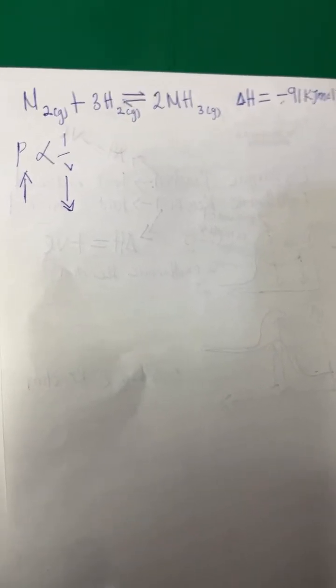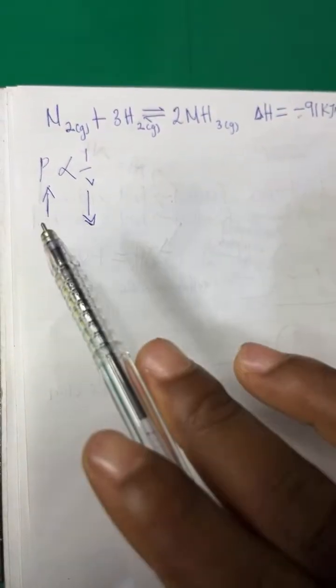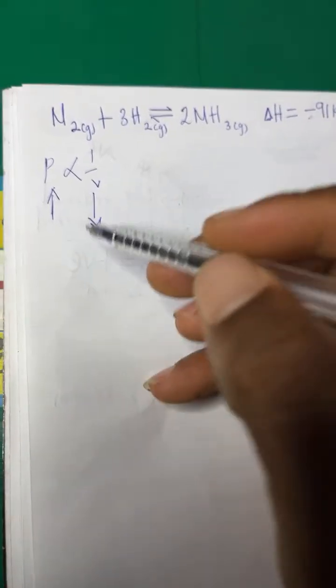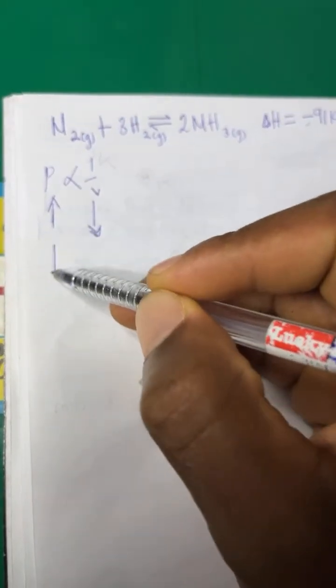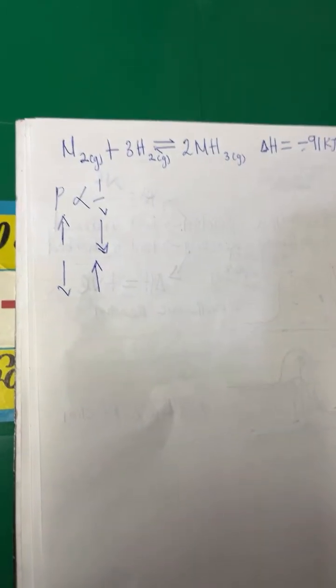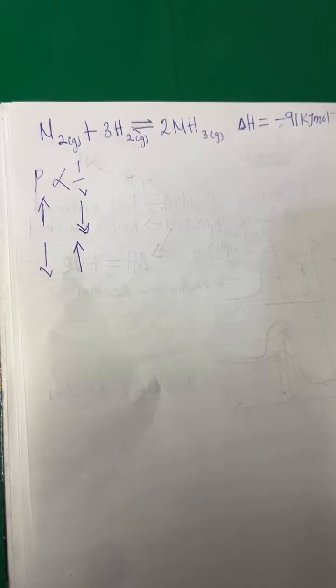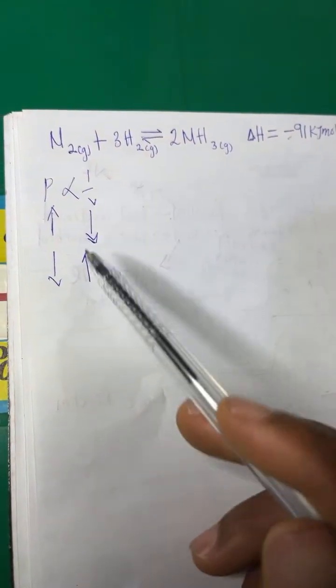So if pressure increases, volume must decrease to neutralize the change. And if pressure decreases, volume must increase to neutralize the change. Do we get that logic now?